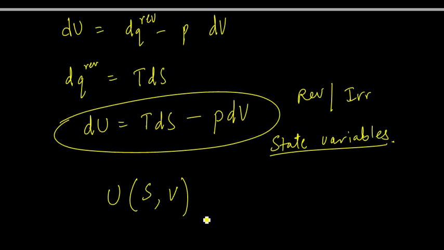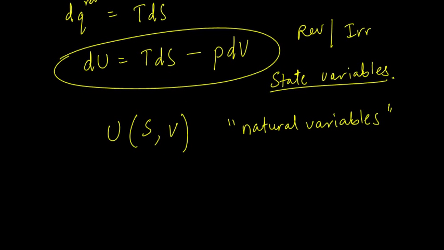And I would say that these are natural variables. Since the internal energy is a function of entropy and volume, I could write the total differential dU as a change in entropy and a change in volume.